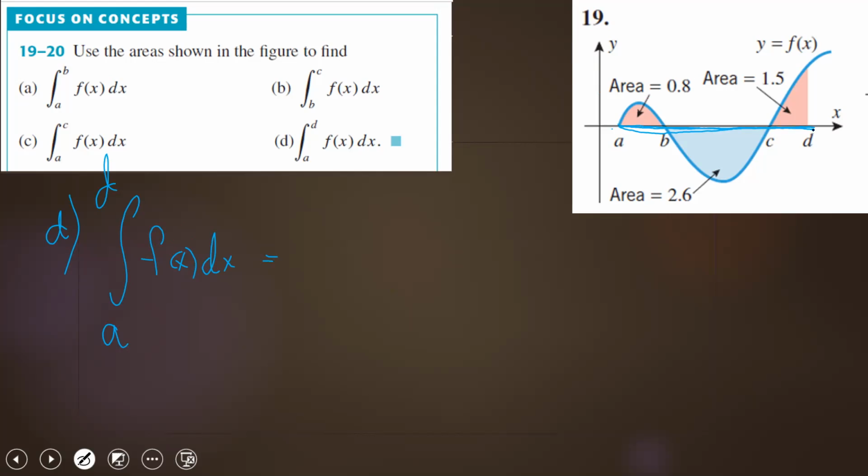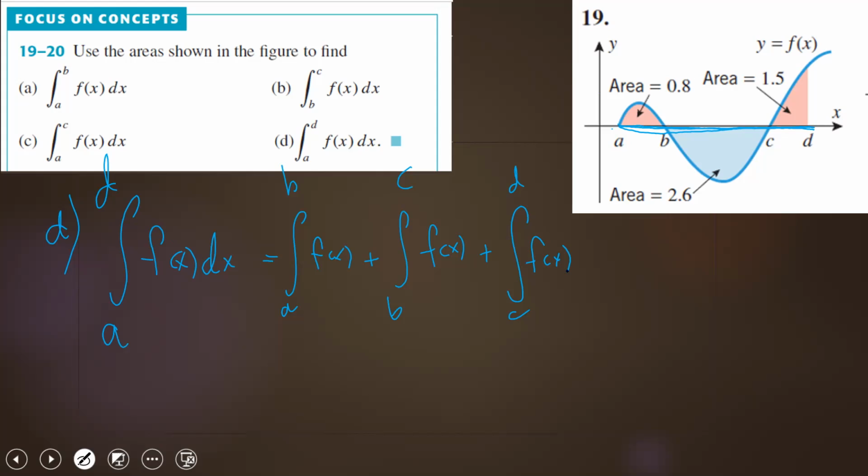Three shaded areas. So we say from A to D will be from A to B plus from B to C plus from C to D.